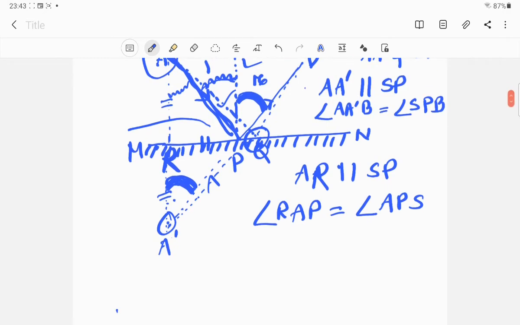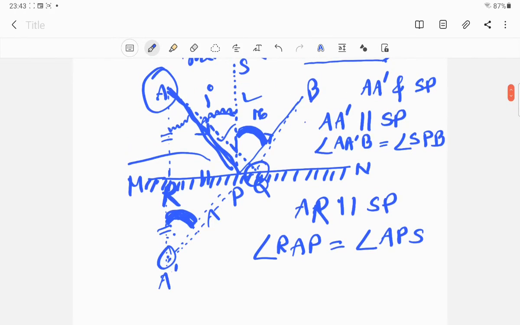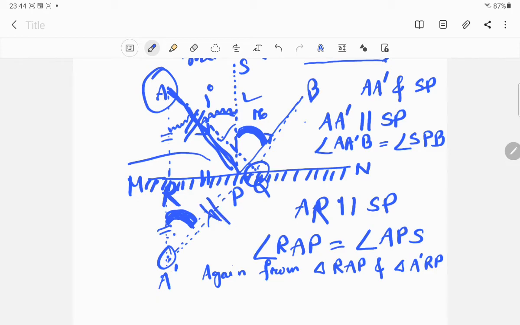Again, let me try to do it again. From triangle RAP and triangle A dash RP, you can see that this is an isosceles triangle because these two sides are equal.